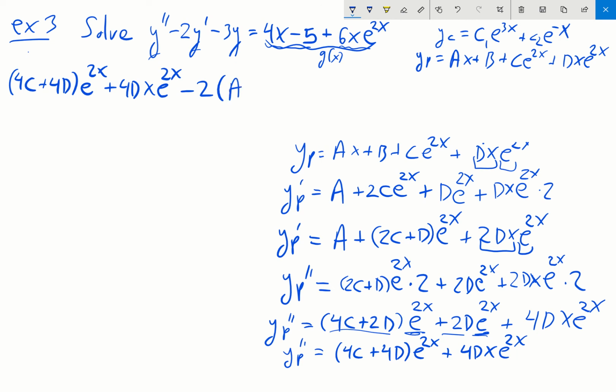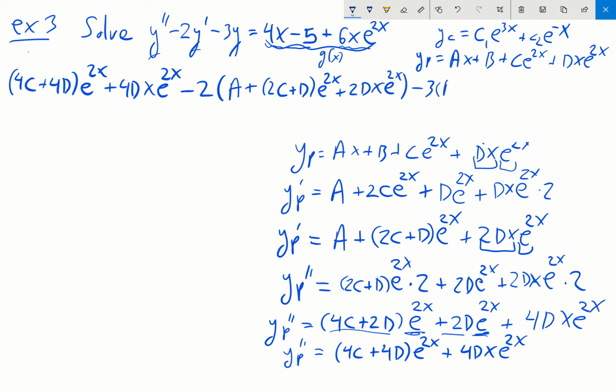So that's a plus 2c plus d e to the 2x plus 2dx e to the 2x, a lot of writing here, minus 3 times y p. y p is this thing here.